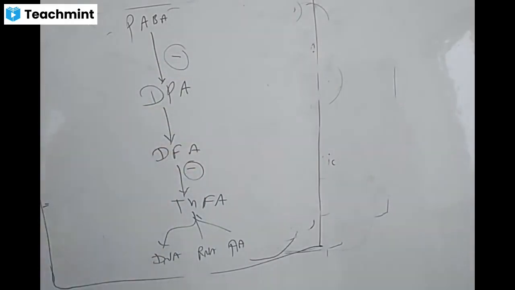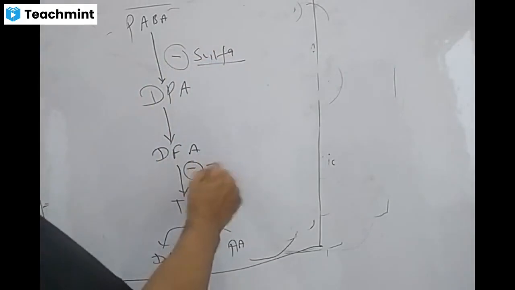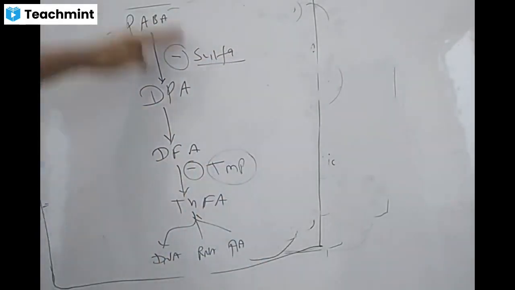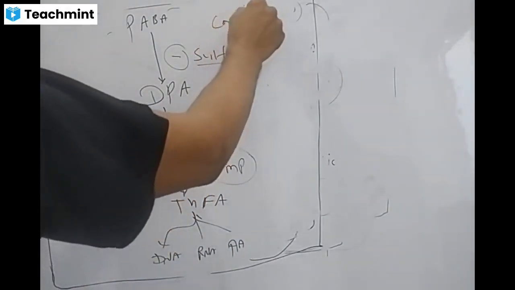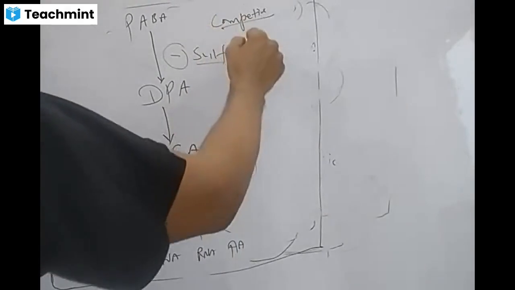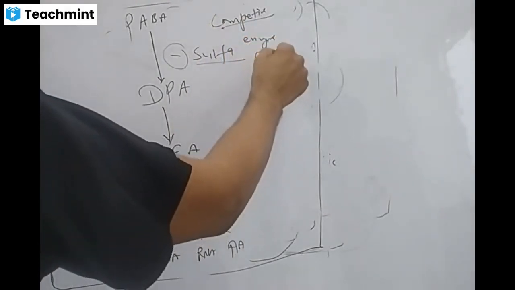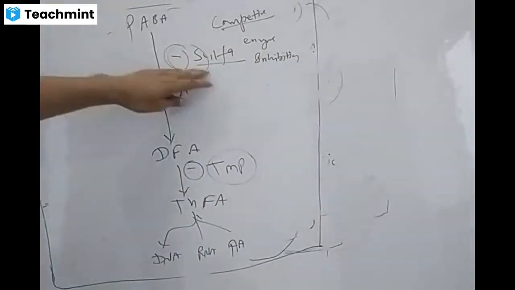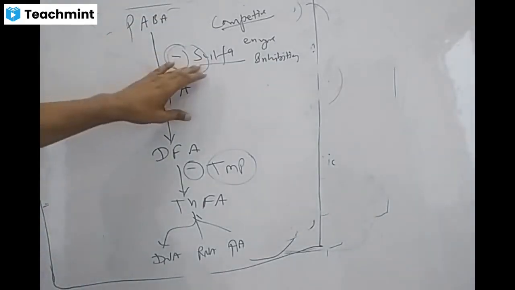So these enzymes are blocked by sulfonamide drugs, and this one is blocked by trimethoprim. So this is a simple example of competitive enzyme inhibition. It means these sulfonamides compete with the para-aminobenzoic acid and they win the competition.